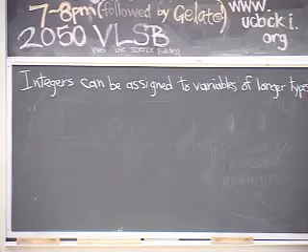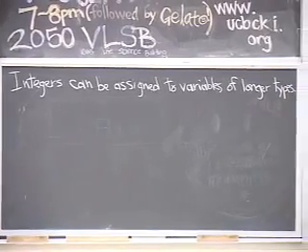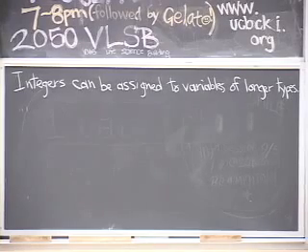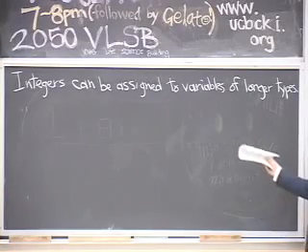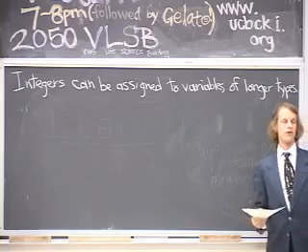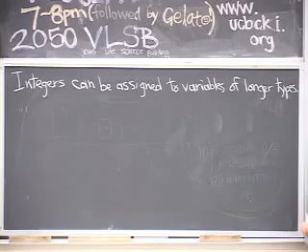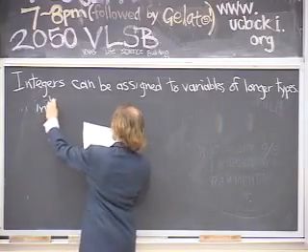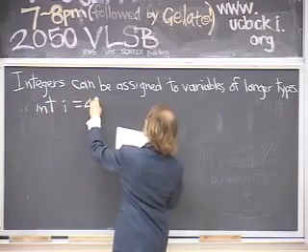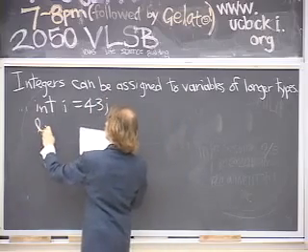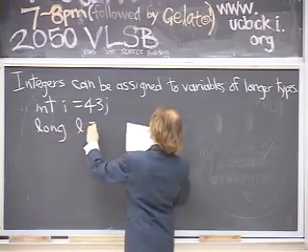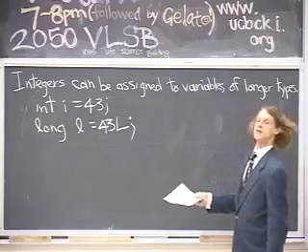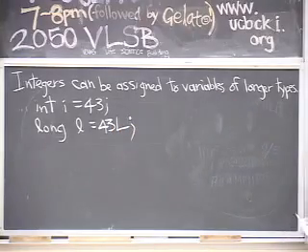but Java gets really afraid when you try to go the other way around and assign a number to a variable of a shorter type, because then you might be losing data, and Java wants to make sure that you really want to do that before you shoot yourself in the foot with a hard-to-find bug. So, for instance, I can say int I equals 43 and long L equals 43 long, and so now I've got two variables, an int variable and a long variable.